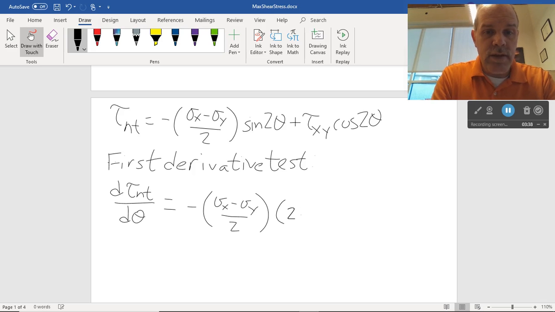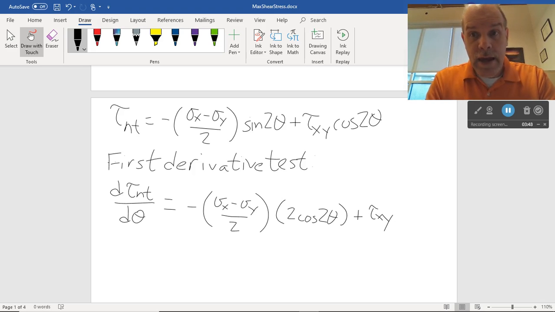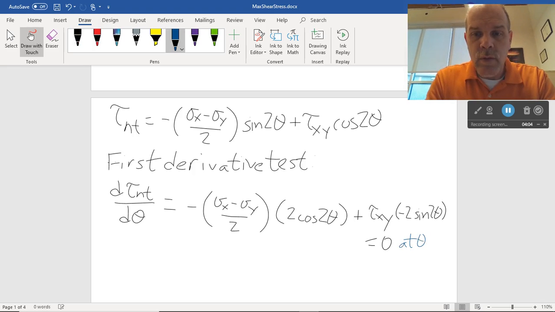Well, that's just going to be twice cosine 2 theta plus tau xy. And because that doesn't have a theta in it, now I need the derivative of cosine 2 theta. Well, that's just negative 2 sine 2 theta. I'm going to say that that's equal to 0. And I'm also going to say that's equal when theta is equal to some angle theta sub s. Why theta sub s? Well, we had P for principal, S for shear. Go figure, right? Make it nice and simple.